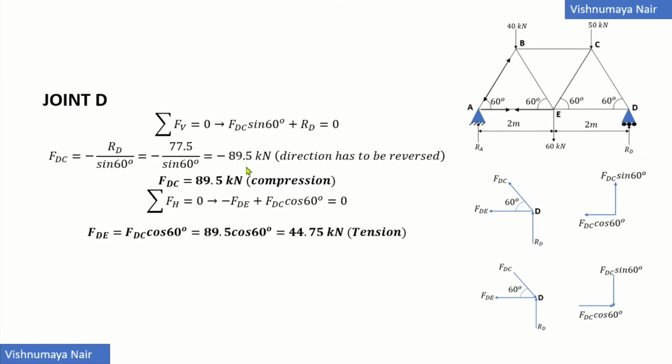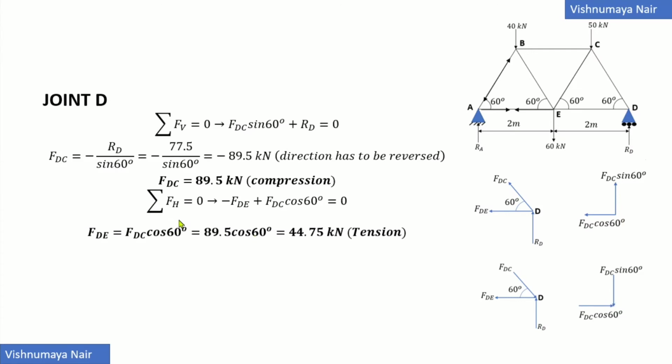Since this is negative, we will have to reverse the direction of FDC. So FDC will be acting towards the joint. Now when we resolve this force FDC into its horizontal and vertical components, its horizontal component will be FDC cos 60 acting in the right direction, whereas the vertical component FDC sin 60 will be acting in the downward direction.